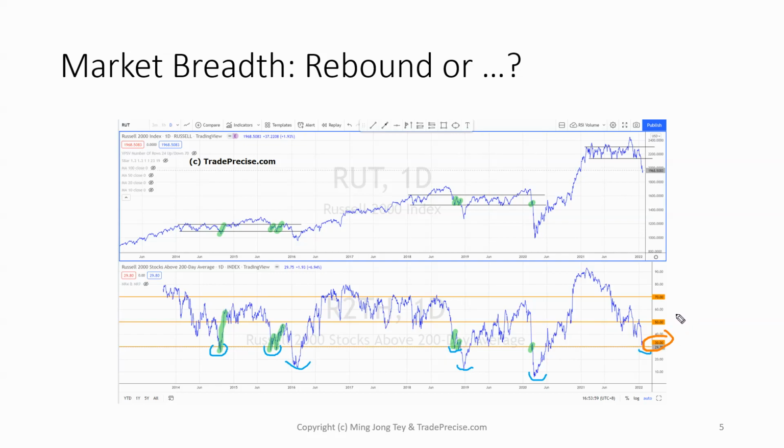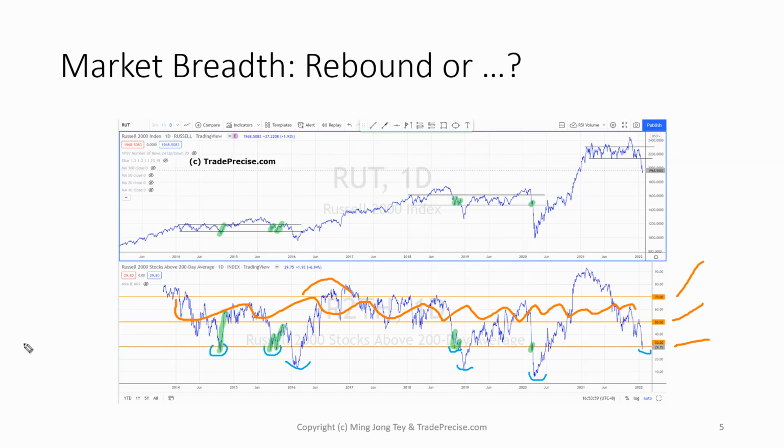In this market breadth, I separated 70, 50, and 30 with the three lines here. These are just the levels that I am watching closely. First of all, above 70 seems like a super optimistic market, a very bullish and very strong environment for the bulls. Between 50 and 70% is just a very normal market.